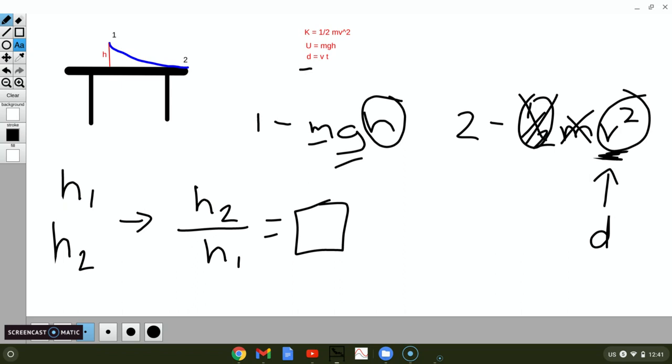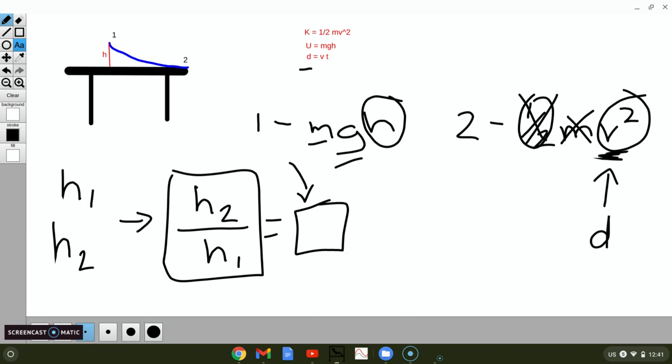Now, if you thought this through, and we're looking at the numbers a little bit, hopefully you picked heights that when you divide them like this, they come out to a nice whole number. So ideally, this number that goes here should be like a 2, a 3, or a 4.